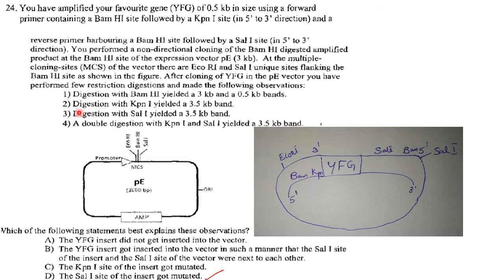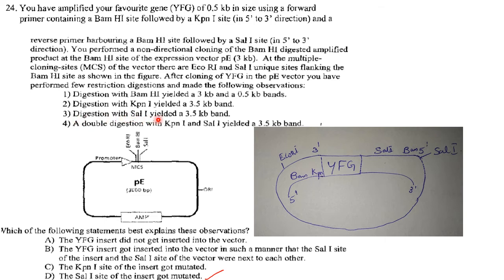So that's correct. Digestion with KPN1 yielded a 3.5 kb band. Now KPN1 has got only a single restriction site in the vector. So it will cut over there and you will get only a linearized plasmid. So it will be around 3.5 kb. So that is also correct.